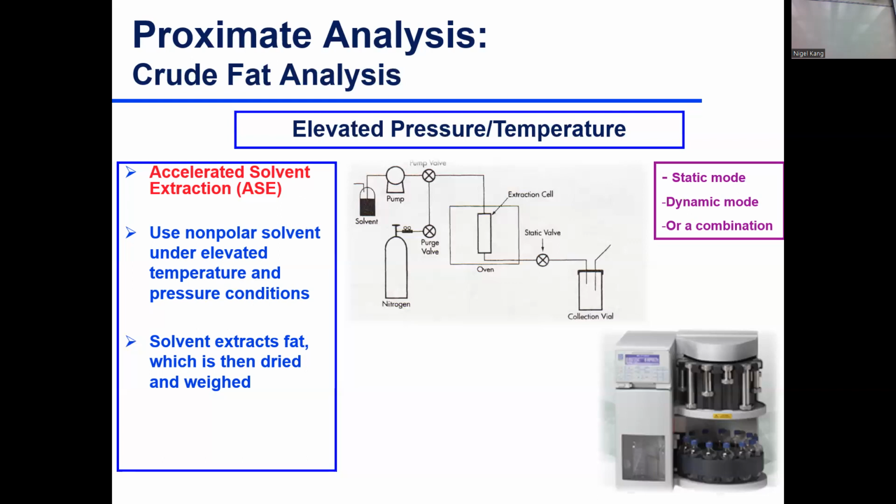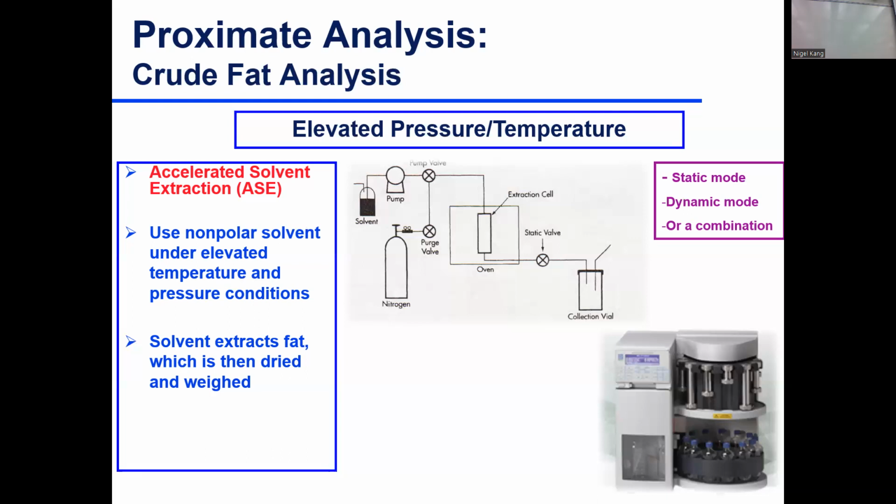And so extraction happens here. And then there is a valve between the extraction unit and the collection vial or cell or unit. Depending on this valve situation, we can do the extraction under static, dynamic, or a combination condition. If the valve is closed and then we open it after a while in a specific time frame, then we are doing extraction under static condition.